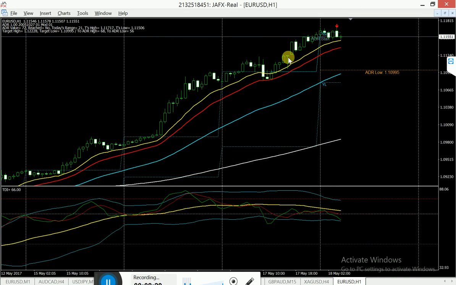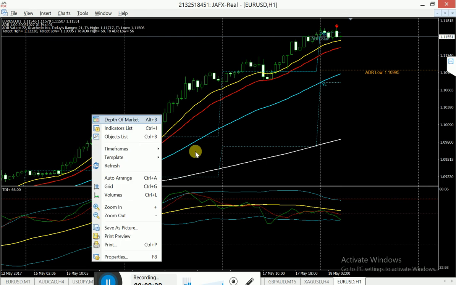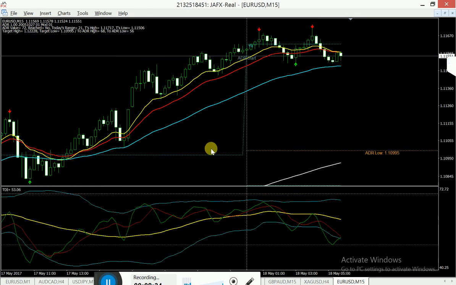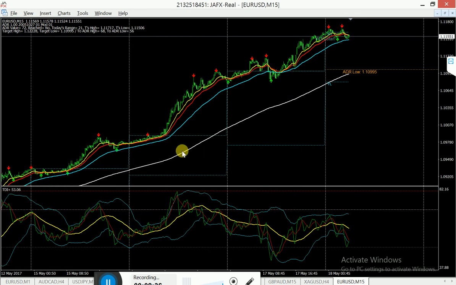All right, now as you see the cycles and break them down, you can then get into the smaller time frames and analyze the same thing. Here's this 15-minute chart. Monday, Tuesday, Wednesday.